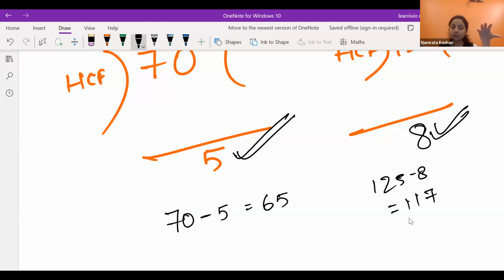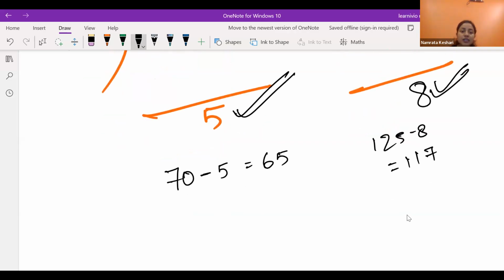The remainder 5 which I have taken from the first number, and the remainder 8 which I have taken out from the second number, I am having in my hand. Now we will be checking such largest number which can divide these two completely.